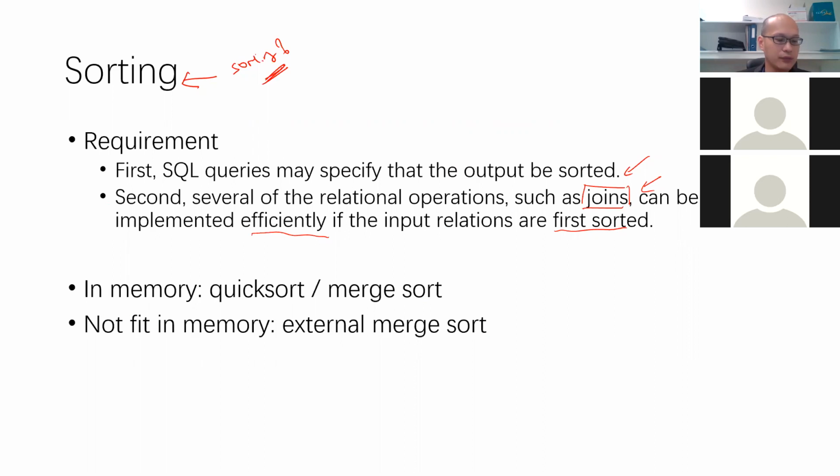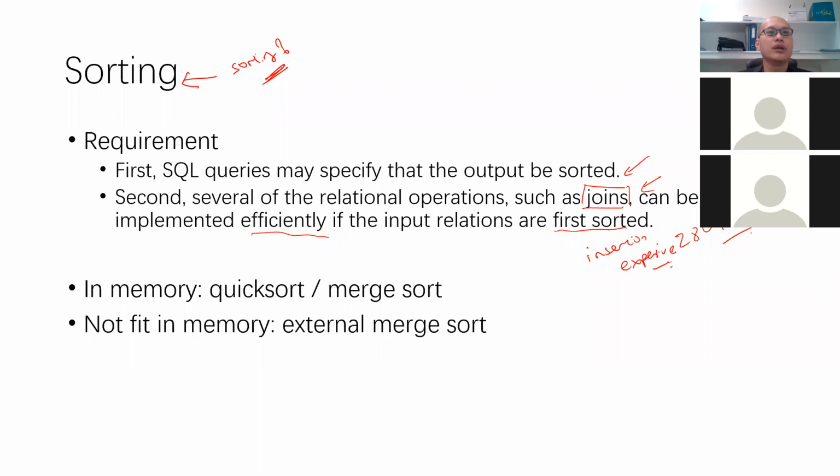I think you have done this before in your 280 or maybe your 360. If you sort first, you're able to carry out these joins more efficiently. Of course, the downside is that insertion will be more expensive.